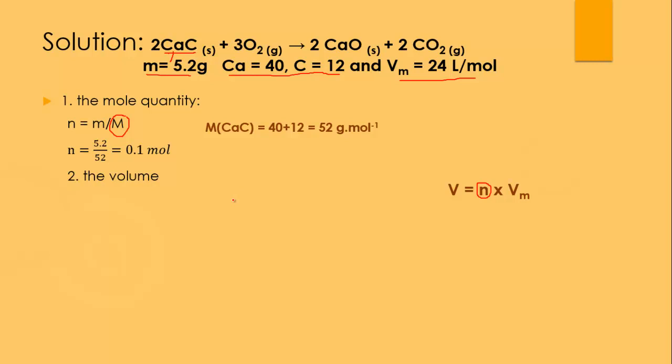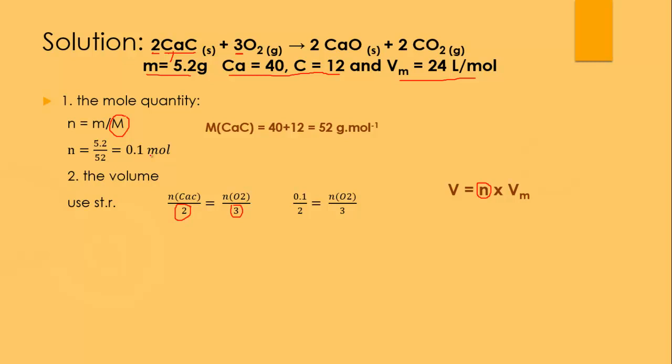Okay, if we don't have any given, we use this stoichiometric ratio. We take the stoichiometric ratio between oxygen gas and calcium carbide. As we know, these numbers 2 and 3 are the coefficient of each reactant in the equation. We have a coefficient of calcium carbide 2 and coefficient of oxygen is 3 in the chemical equation.